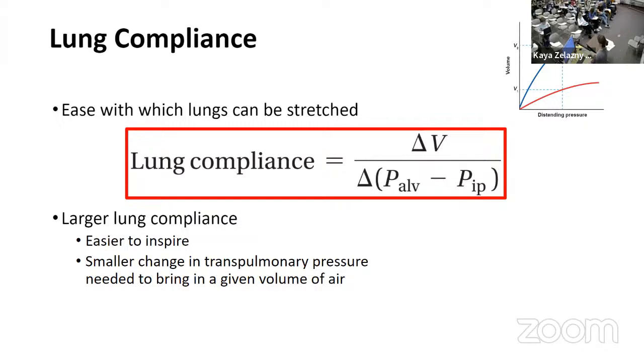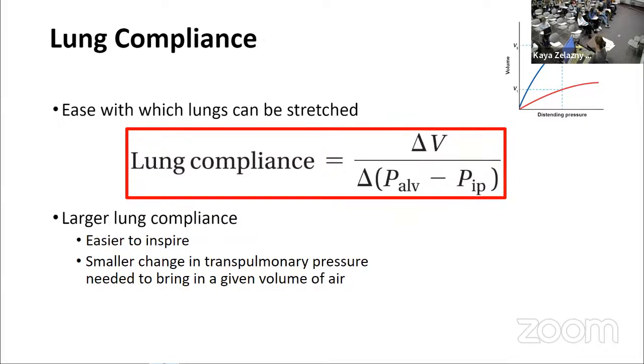The reason for that is you want to get in lots of air. You want lots of air in your lungs, high volume, but you don't want to have to exert all that much pressure in order to get there. So if to get that volume, you had to create big changes in pressure, that would mean you're breathing pretty hard. Easy breathing is just small changes in pressure, and you'd like to get as much air as you can during that process.